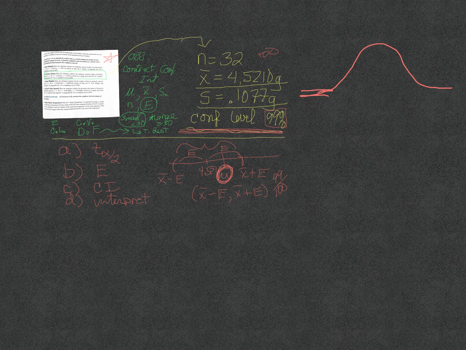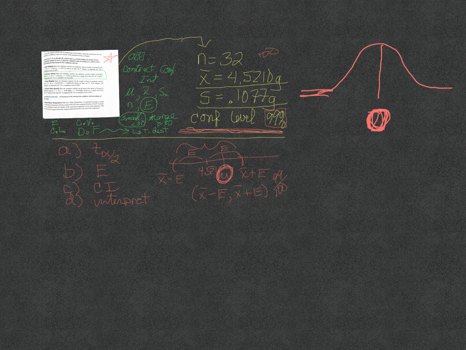That curve is centered on our sample mean. Pardon me, I said that wrong. That curve is centered on 0, just like the Z values are centered on 0 for the normal curve.